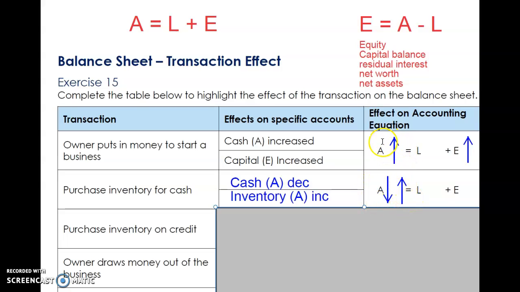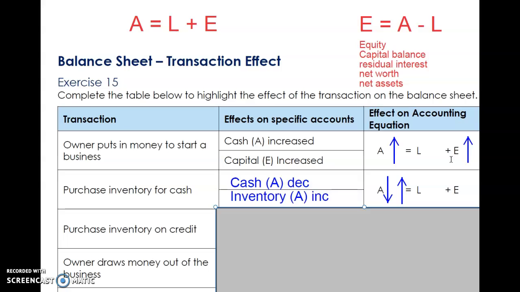Just like above here, if assets increases and equity is affected, equity has to be increased by the same amount. You can have compound and complex scenarios where the asset can be funded by part liability and part equity. You can do that. But we're just going to look at more simple transactions here where there are only two accounts affected.